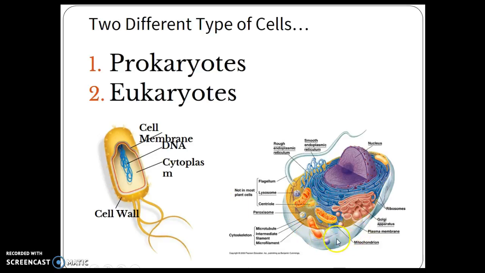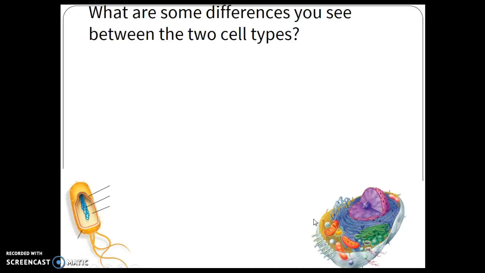They do have a cell membrane, they have a nucleus, and they have organelles organized in their cell. What are some differences you see between these two types of cells? Write your answer in the box. What are some differences?